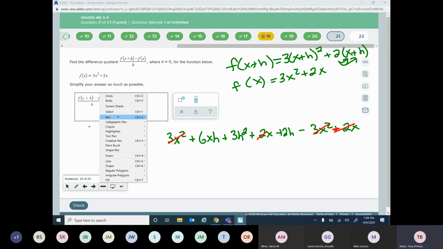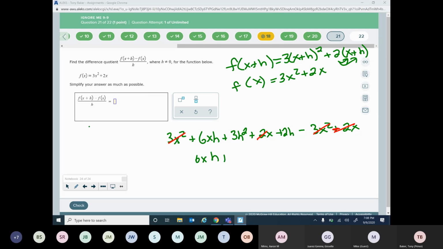It's minus 2x in the end because you have to distribute the negative in front of the f of x to both of those. So all I'm left with is 6xh plus 3h squared plus 2h.